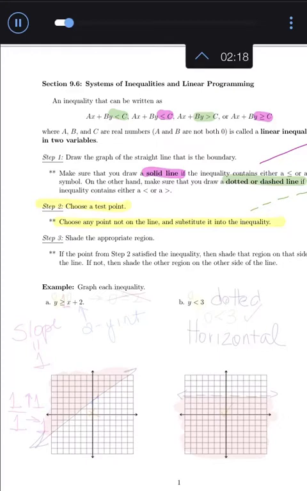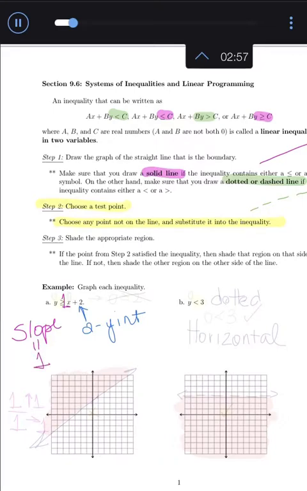For our first problem here, let's look at the graph y is greater than or equal to x plus 2. If you ignore the inequality here for a second, what we have is a line in the form y equals mx plus b, where our 2 here is the y-intercept, and our slope, which is kind of hidden out in front of the x, is a hidden 1, is going to help us graph our line.